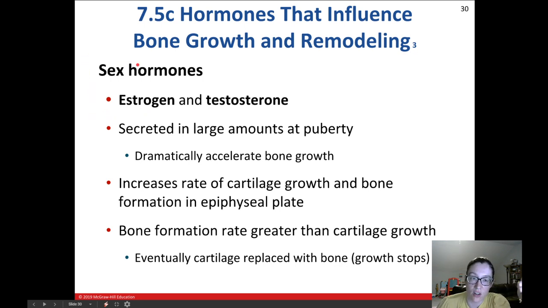First, they kickstart those growth spurts, but those growth spurts are going to end because the bone formation rate is greater than the cartilage growth, so the growth plates are going to narrow as they grow. So those growth spurts are good. They're increasing the length of the long bone, but they're also going to be precipitating the eventual closing of the growth plates.